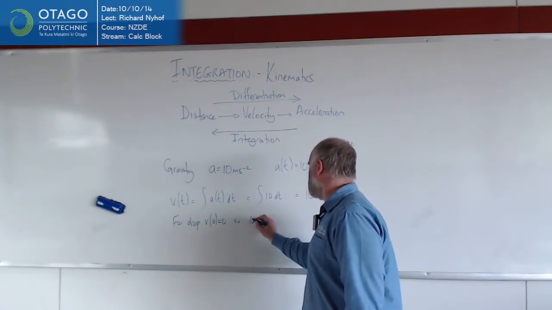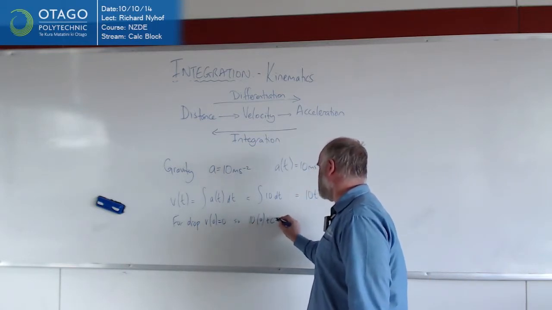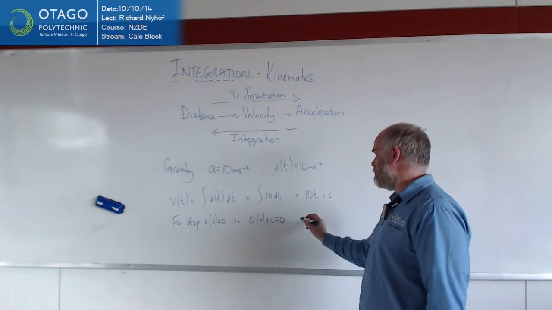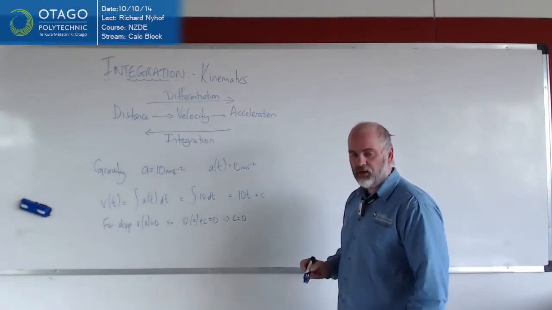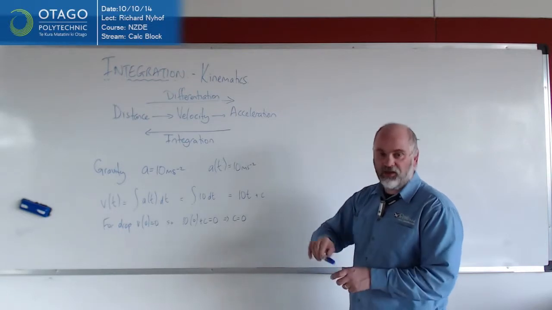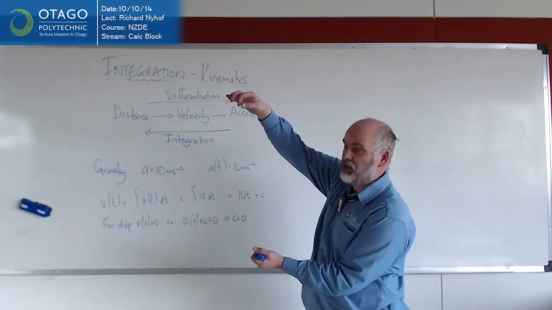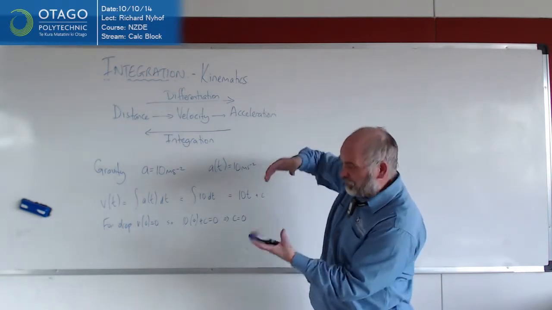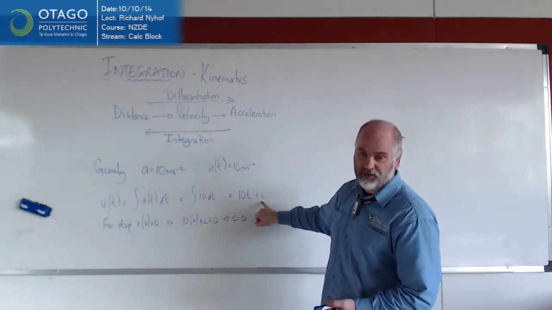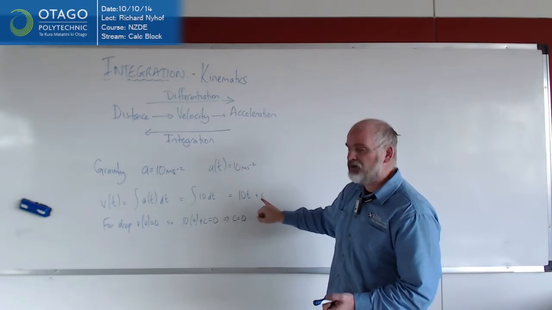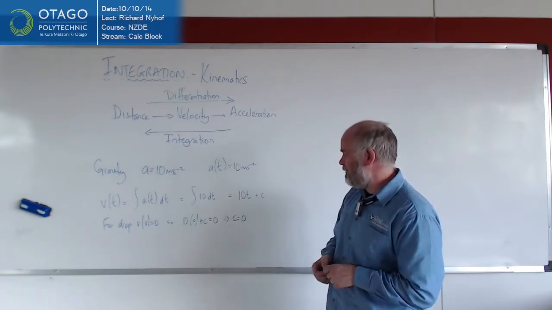So 10 lots of 0 plus c has to equal 0, which means that c equals 0. So c is effectively the initial velocity. If I just drop it, it started with 0 velocity. If I threw it down, then the speed I let it go with would be the value for c. So c just gives you a handle on what's happening at the start.